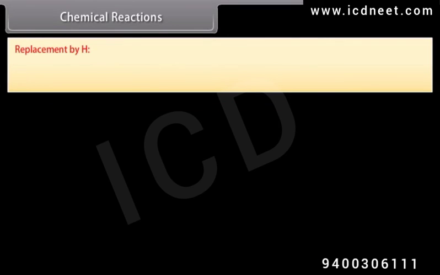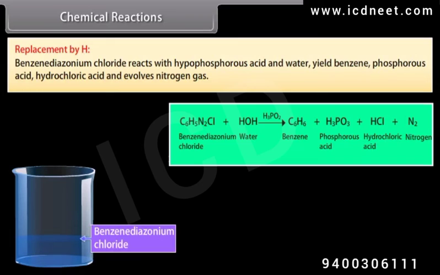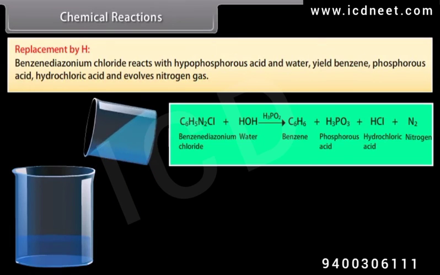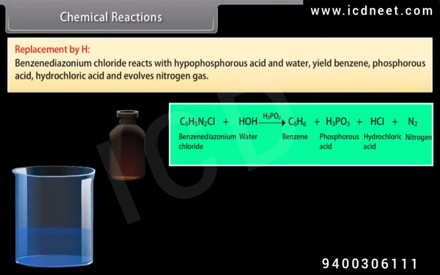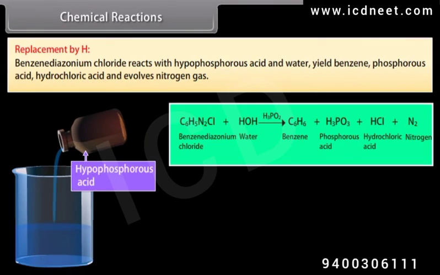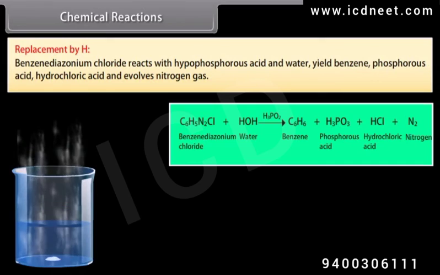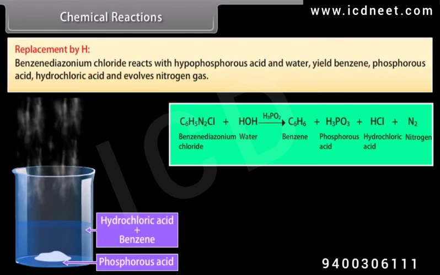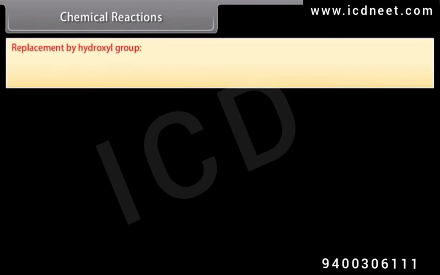Replacement by H. Benzene diazonium chloride reacts with hypophosphorous acid and water to yield benzene, phosphorous acid, hydrochloric acid, and evolves nitrogen gas. Replacement by hydroxyl group.